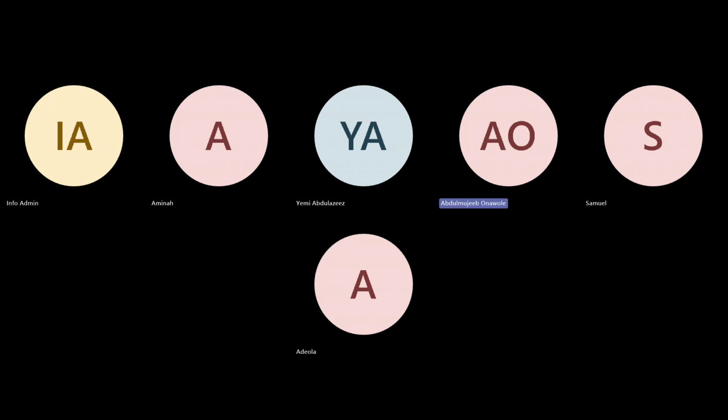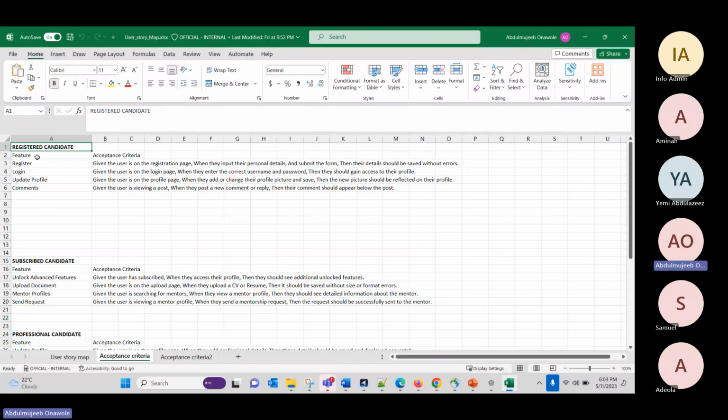What I mean is, for example, under the second you have feature, then the acceptance criteria, and under register, given this is a scenario. Because you have each as a cell, register is linked to this, and not that you're just putting them in a box like you have on Jira. So when you put all those manually on Jira, can it give you a visual representation of what connects what?